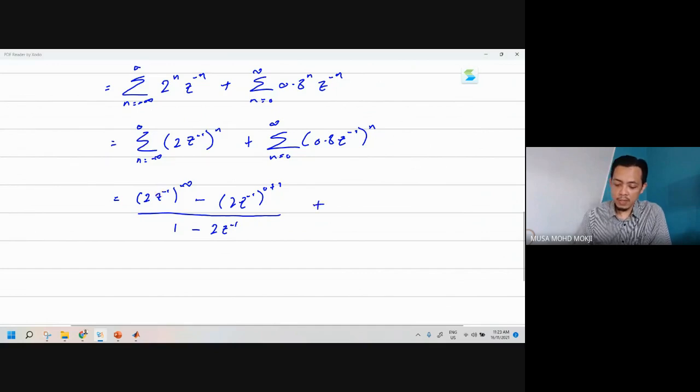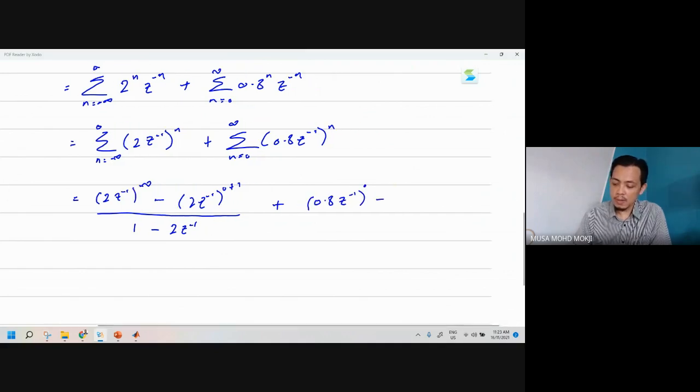And for the second one, so this is (0.8z minus 1) to the power of 0 minus (0.8z minus 1) to the power of infinity, plus 1 divided by 1 minus (0.8z minus 1).